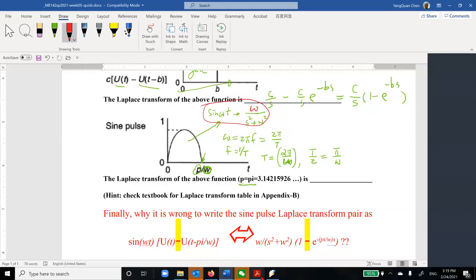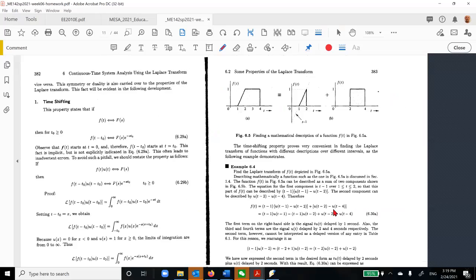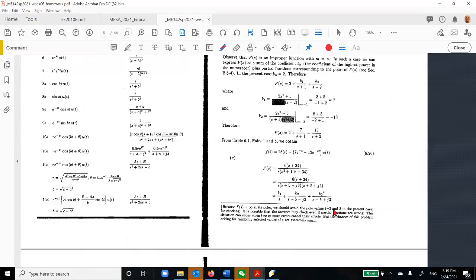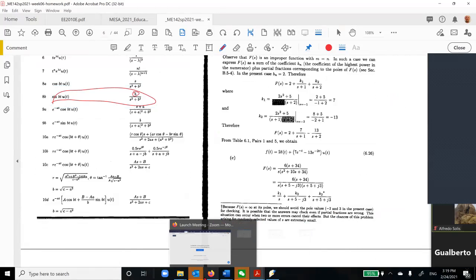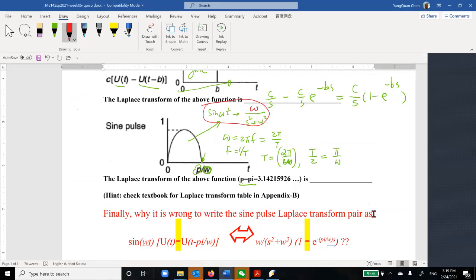So let's go and write from here. So this is sine omega t. Omega is b, so you need a b in here, right? Okay, I put it in here.